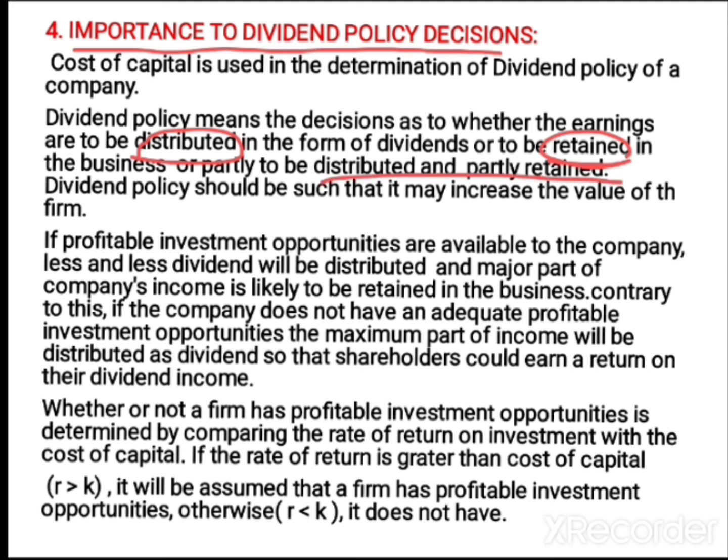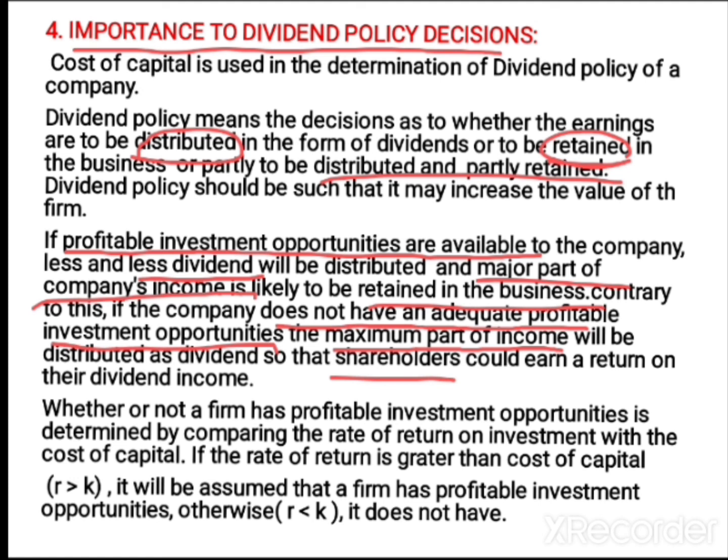If profitable investment opportunities are available to the company, then the company distributes less dividend and a major part of the company's income is retained in the business itself. And if the company does not have adequate profitable investment opportunities, in such a case the company distributes the maximum part of its income among the shareholders.